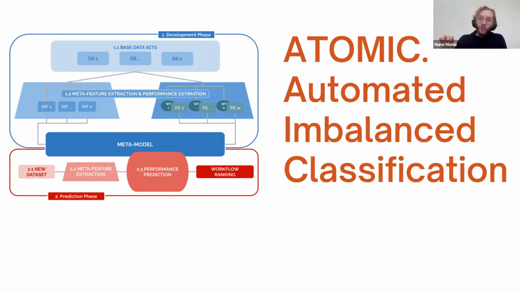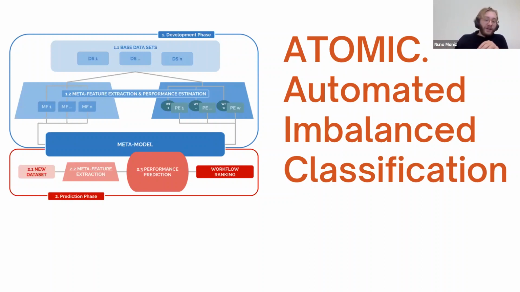And also what we did was to estimate the performance of each of these possible solutions. So we have a hyperparameter grid, and we test all of these possible solutions. We combine and store all of this information, and we create a meta model. So a model that tries to link the characteristics of a data set and the hyperparameter configuration and solution that was used, and map that onto the estimated performance, okay?